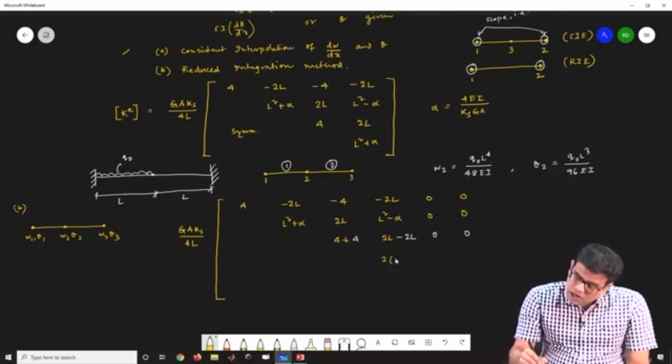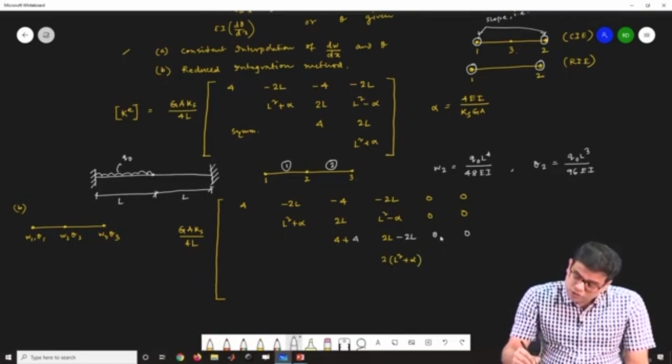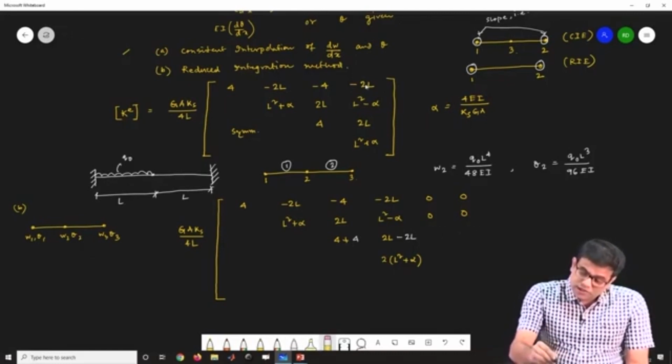So that is 2L square plus alpha. Then this will not be 0, 0 because these terms will be there.